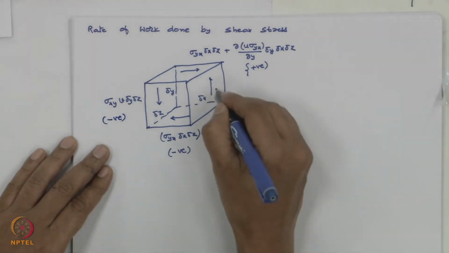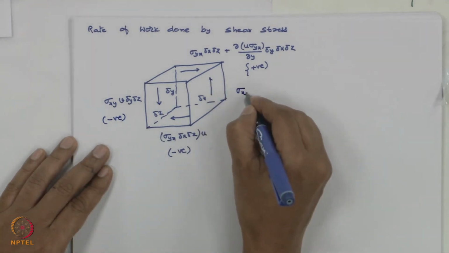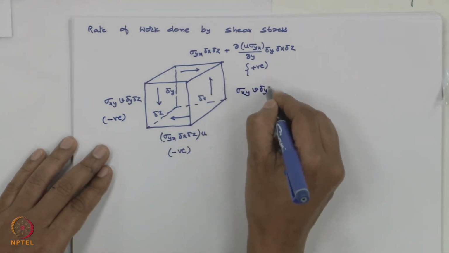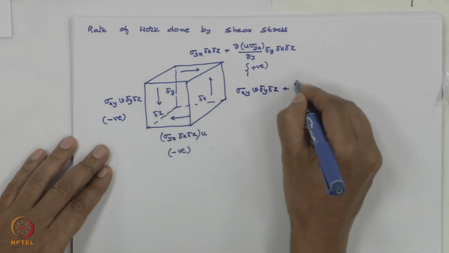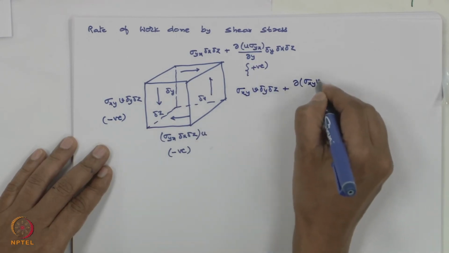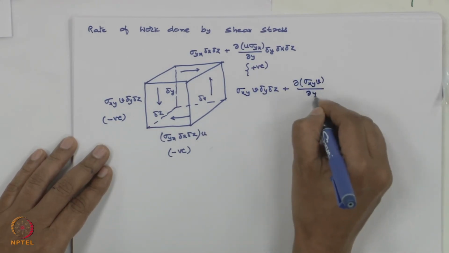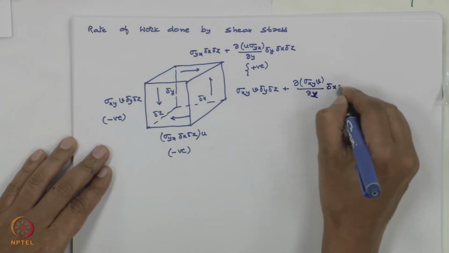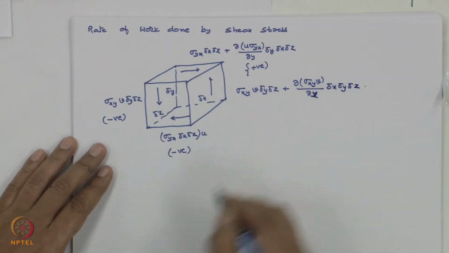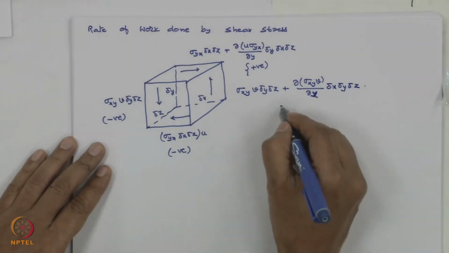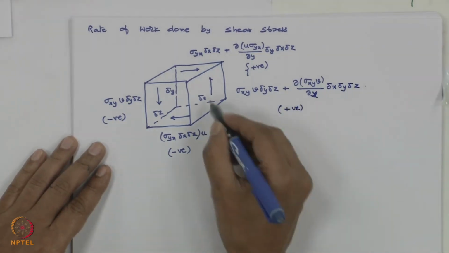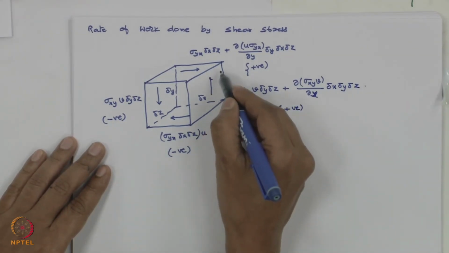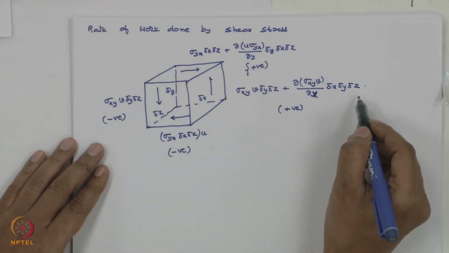So here this would be sigma xy v delta y delta z plus del of sigma xy v upon del x, sorry, del x, delta x delta y delta z. With the same logic we used here, sigma xy and v are in the same direction, so the whole of this is going to be positive.